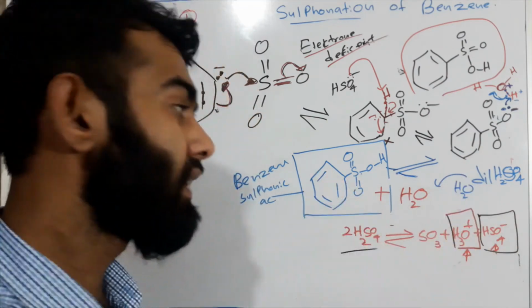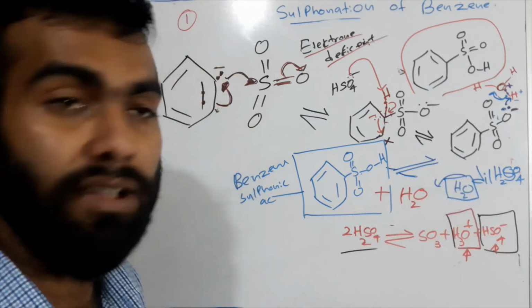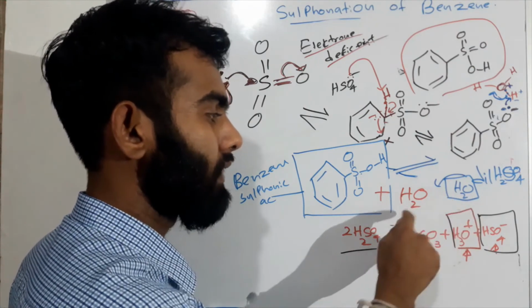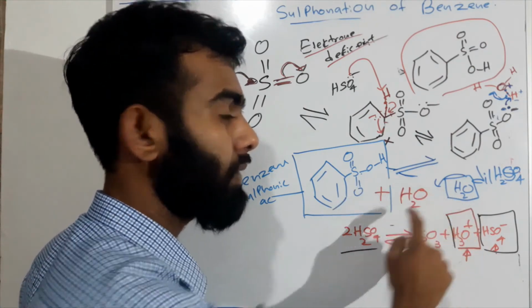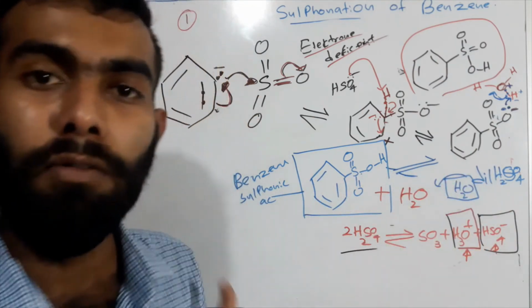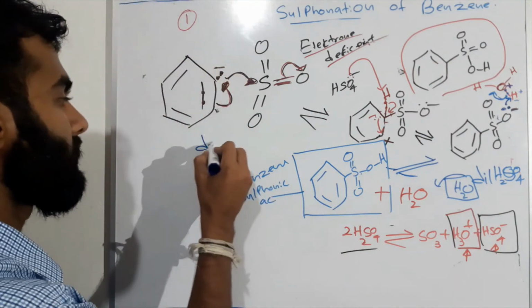According to Le Chatelier's principle, increasing a participant on the product side of the reaction, here the product water, will make the reaction go backward, and desulfonation will occur. Desulfonation.